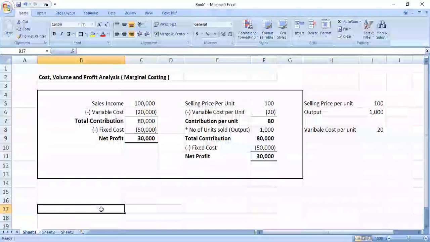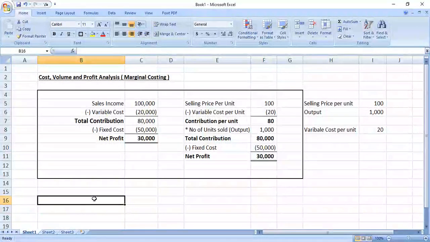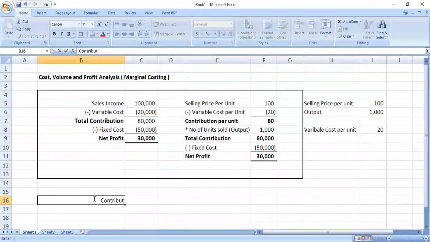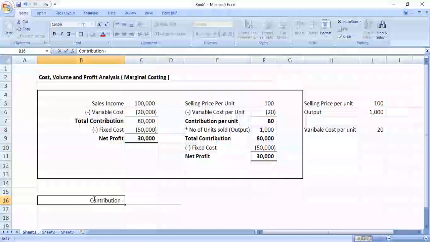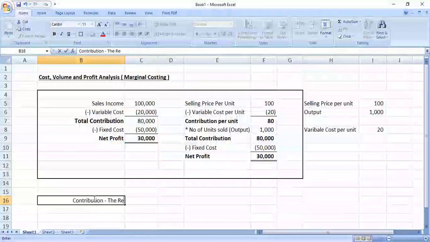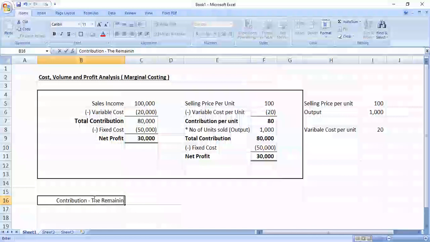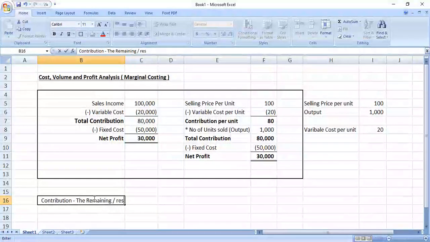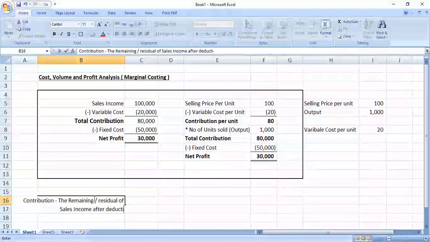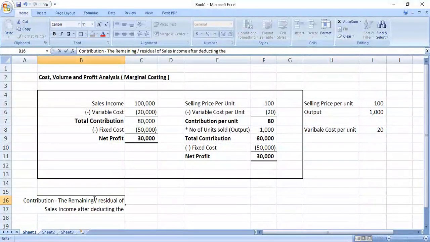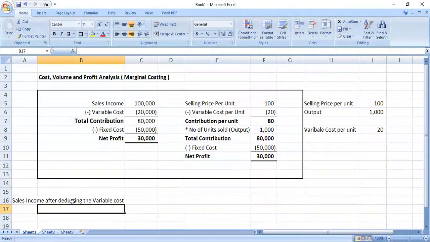Okay, now we have learned the contribution. What is contribution? I would say it is the residual of sales income after deducting the variable cost.